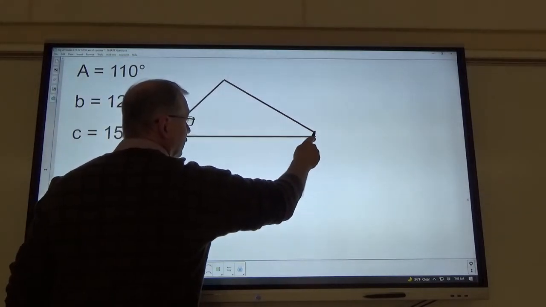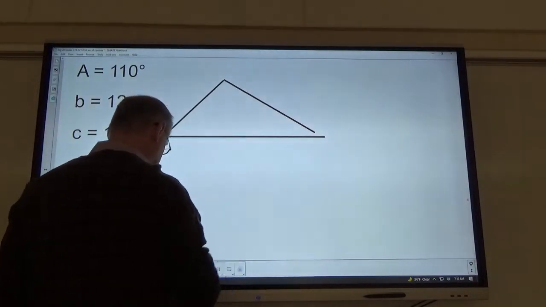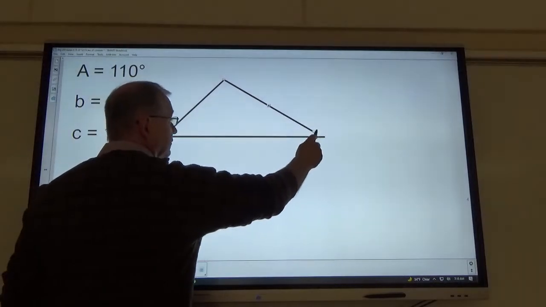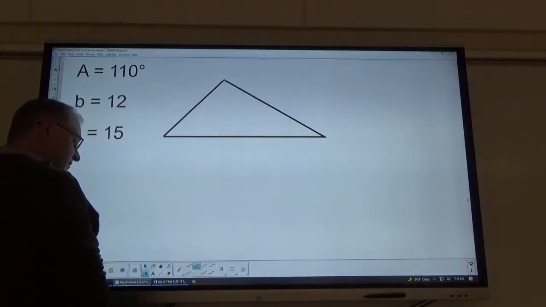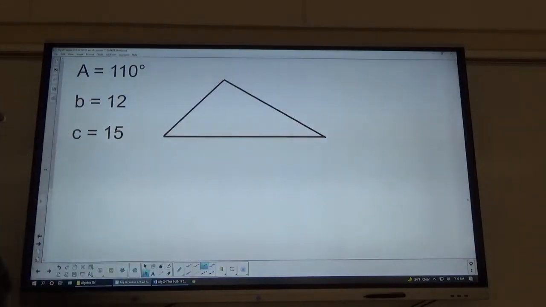Now remember, you're drawing a sketch here, so don't expect your sketch to be perfect. Also, remember, a lot of times when you're doing your sketch, you may be putting in an acute angle instead of an obtuse angle like this.